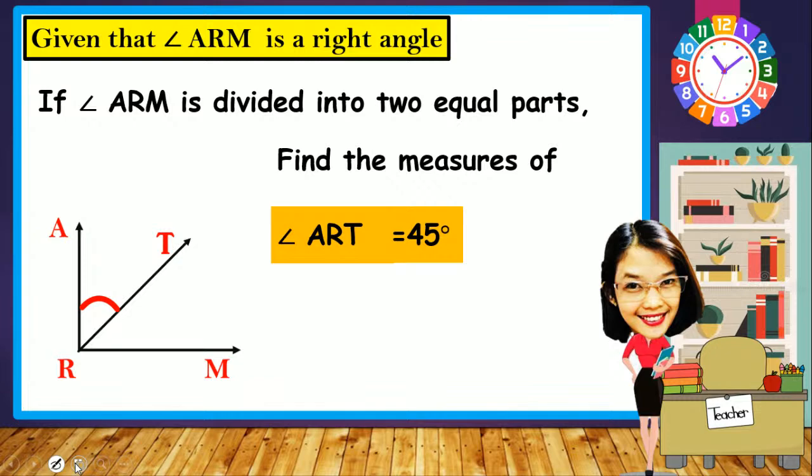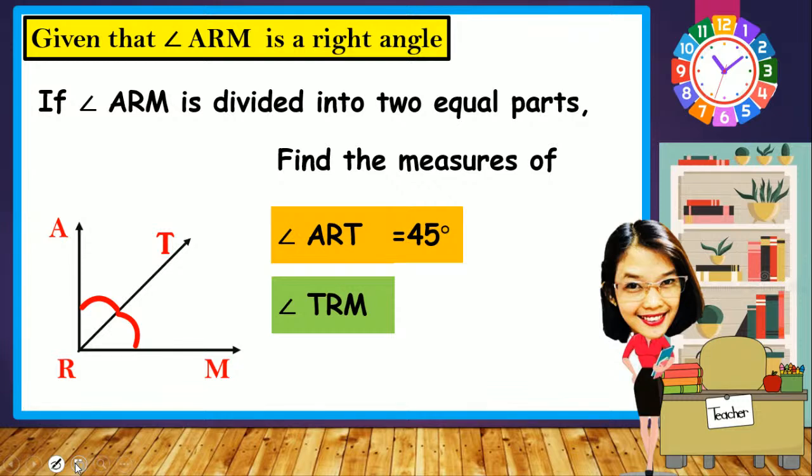Now what will be the measure of angle TRM? What will be the measure of this angle? Okay. Thank you, Moravilla, because you specified angle TRM since both answers are 45.